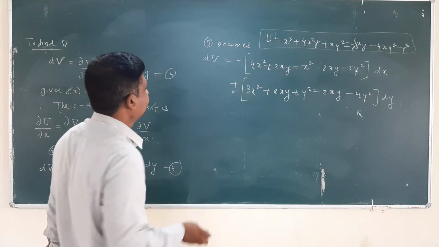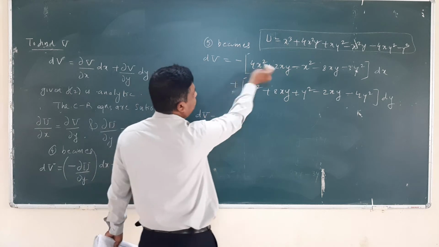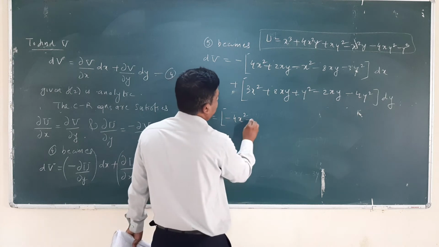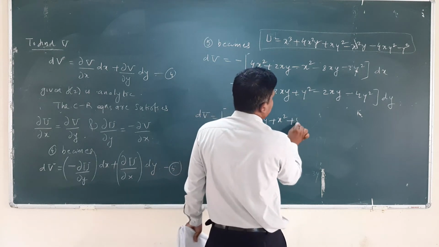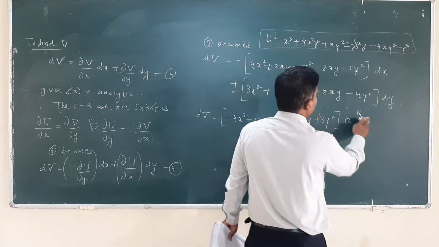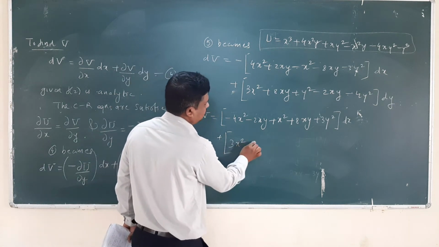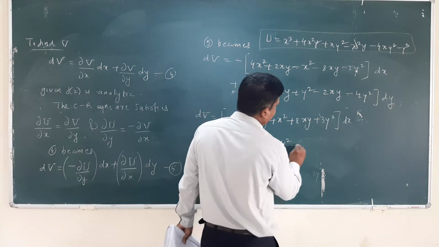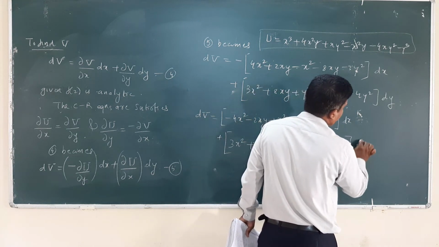So now dv is equal to, so I will take this minus inside the bracket. So this becomes (−4x² − 2xy + x² + 8xy + 3y²) dx + (3x² + 8xy + y² − 2xy − 4y²) dy.